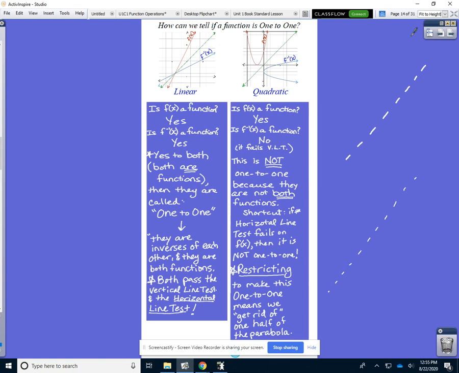Okay, so in the first graph on this page, we're looking at a linear function. And in the second part of the page, you're looking at a quadratic function. So we basically are splitting the page and comparing the two.